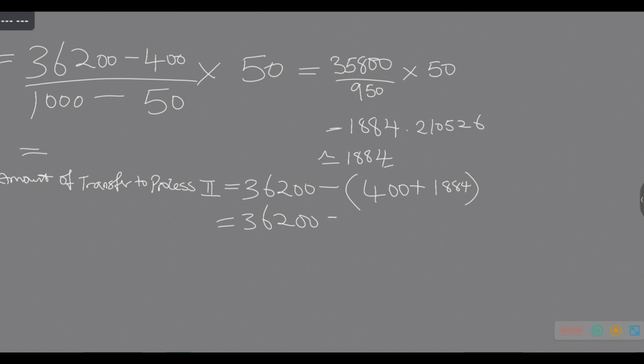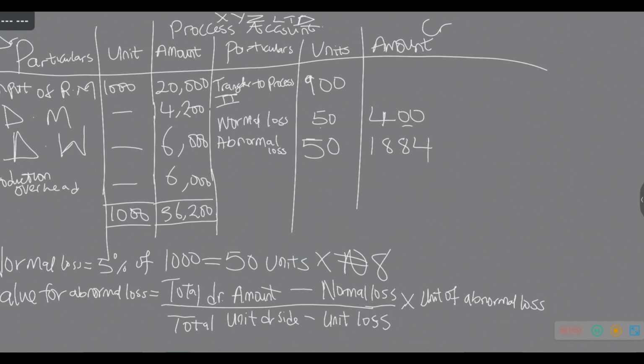That's 36,200 minus 2,284, which equals 33,916.